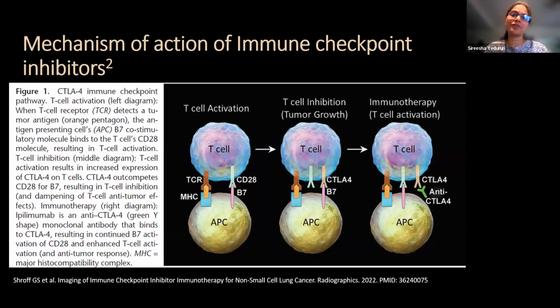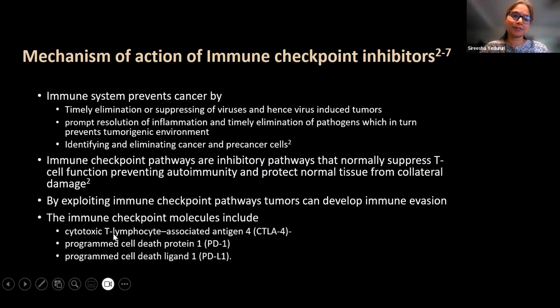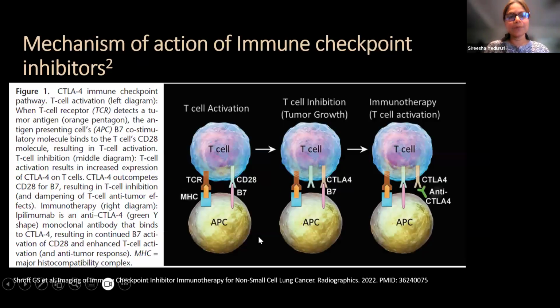So here is one of the mechanisms. One of the molecules is CTLA4, which is cytotoxic T lymphocyte associated antigen 4. So what does that do? Whenever an antigen presenting cell, like a macrophage, detects a tumor cell, it presents an antigen to the T cell receptor.